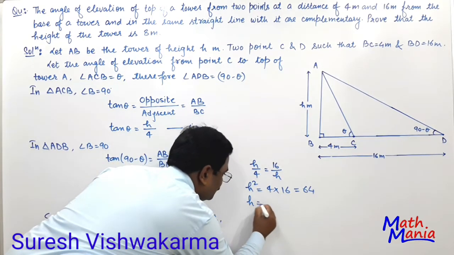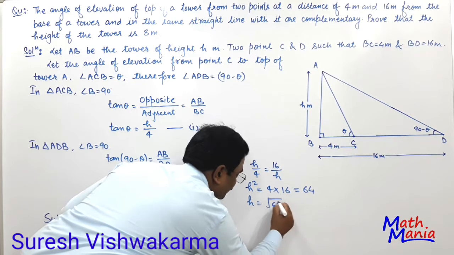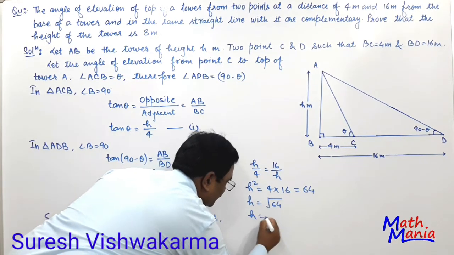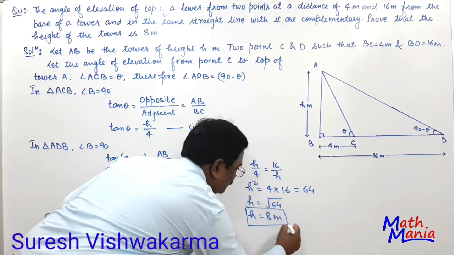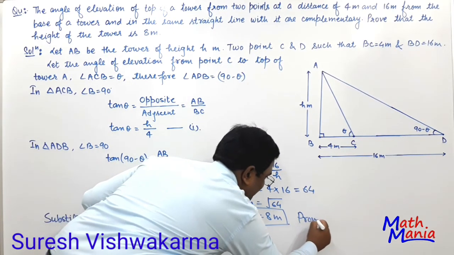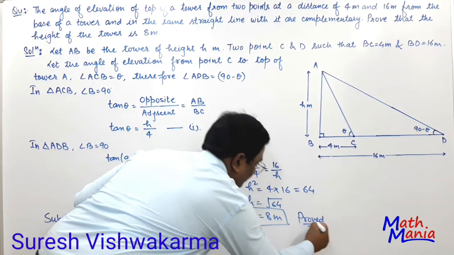Therefore H is equals to square root 64, which is 8 meter, the height of the tower. Proved, height of the tower is 8 meter.